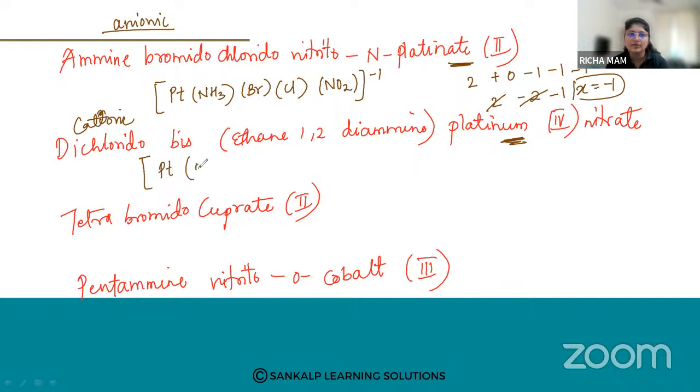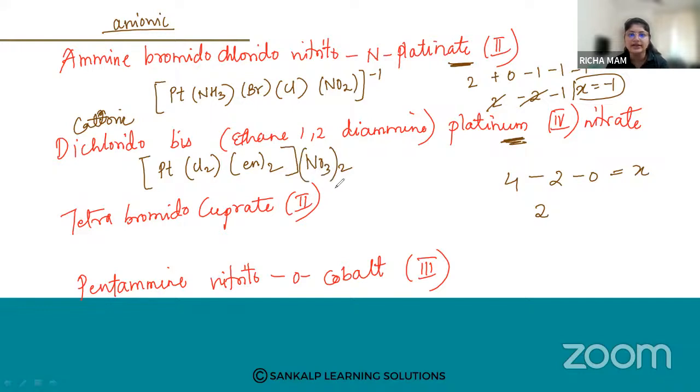Then will be your chlorine, then ethylene diamine bis, twice, then nitrate will be outside the sphere, NO3. So dichlorido, platinum is 4, -2, 0 equals X. So it is 2. So the number of nitrates is 2.